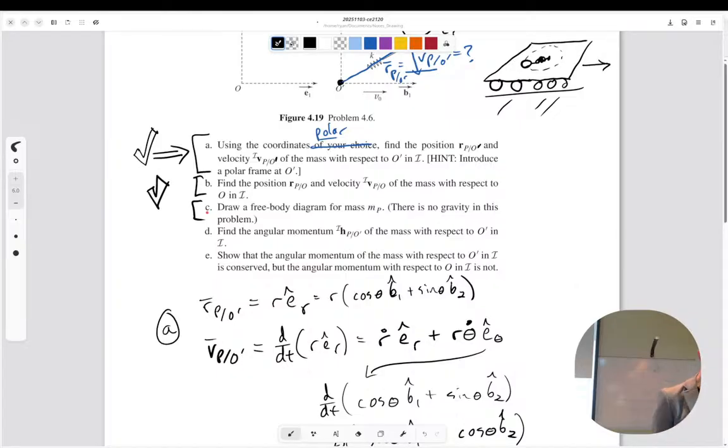And it says there's no gravity, but at least the way I think about it is gravity is just normal to the picture, right? Acting into the page rather than pulling it down.